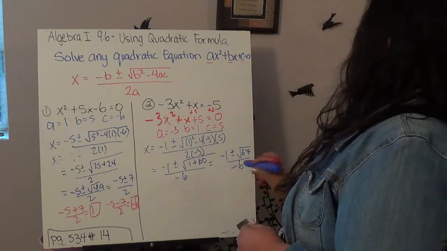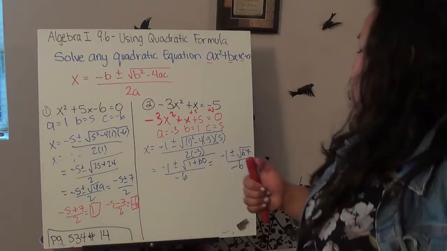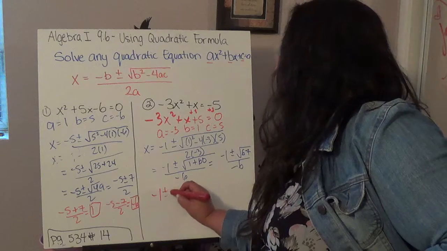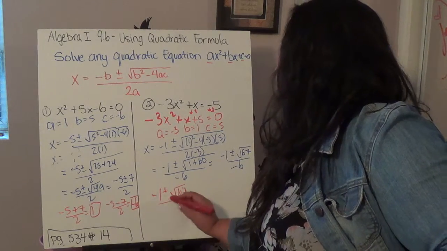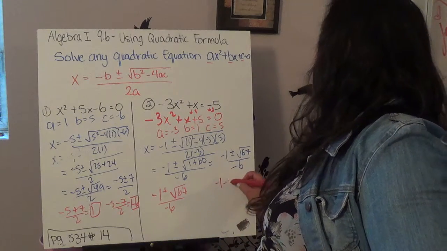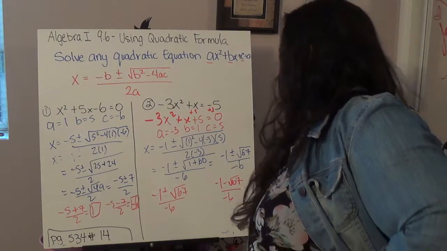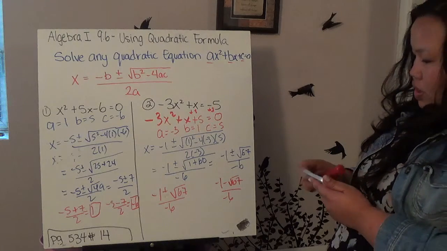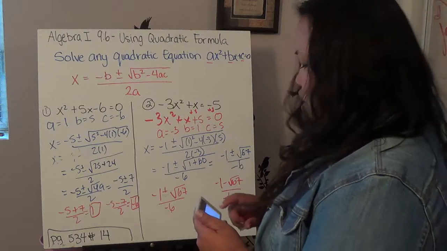The problem here is root 61 is not a perfect square, so I'm going to have a decimal. So -1 plus the square root of 61 over -6, and I also have -1 minus the square root of 61 over -6. Well, let's bring out my calculator.